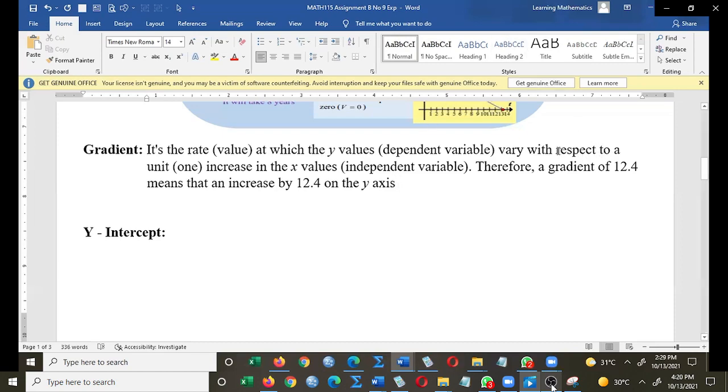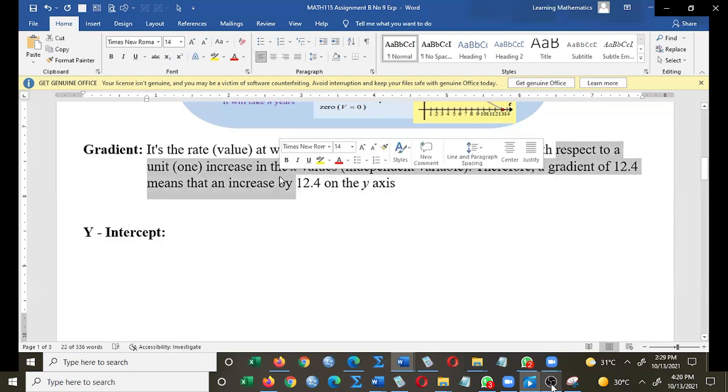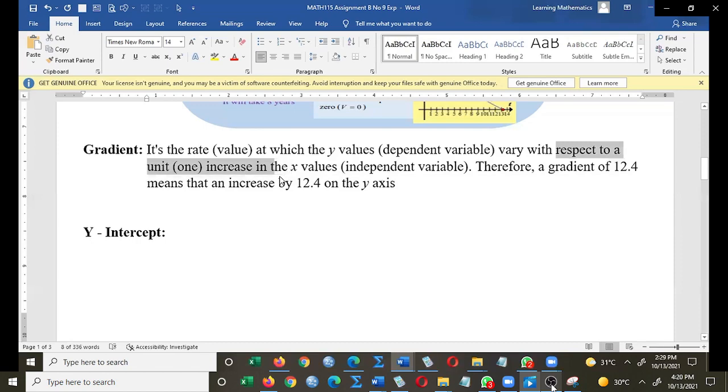Pay attention to that clause there: with respect to a unit increase in the x-axis. This is very important.